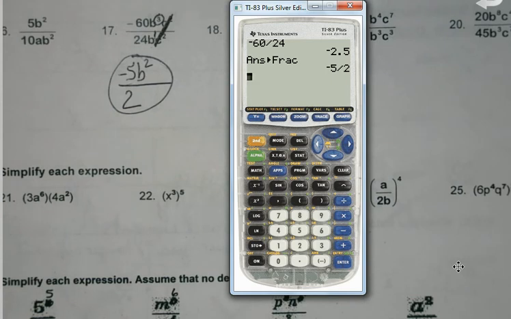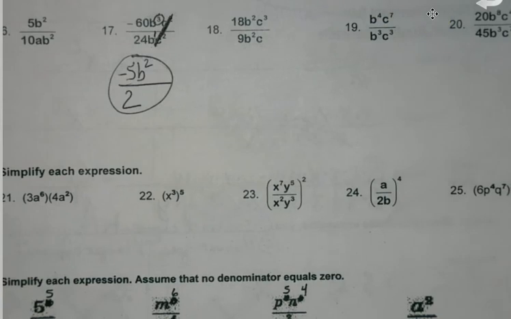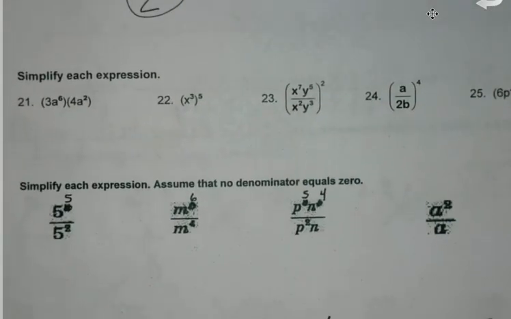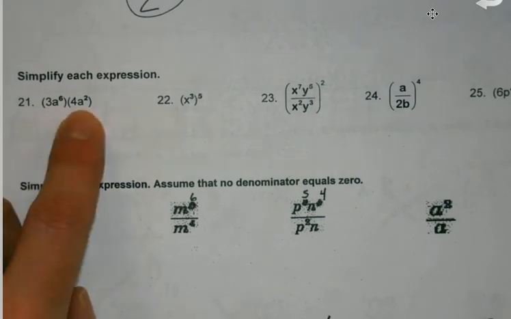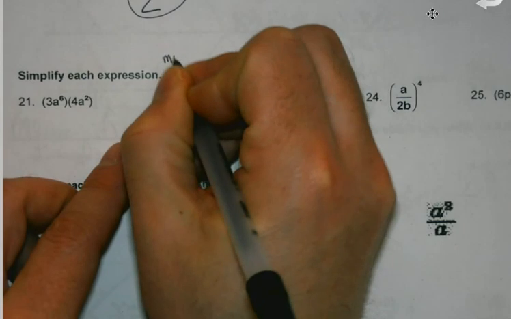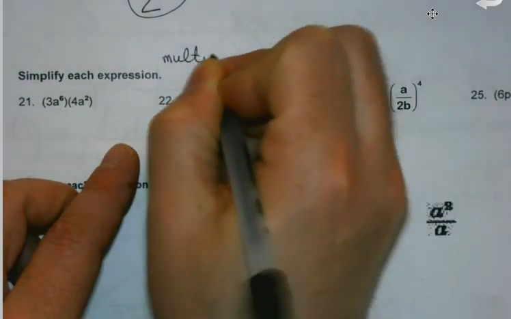So down below then, now we can kind of start mixing and matching. So when we get to this middle part, now we get to go back to what we were doing yesterday. So when I'm multiplying, what's the rule when I'm multiplying with exponents? What do I do to the exponents when I multiply?